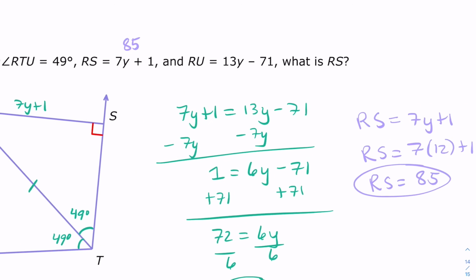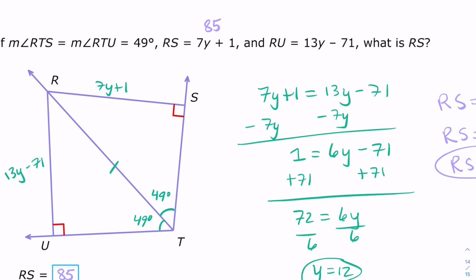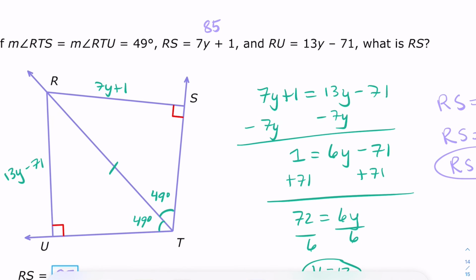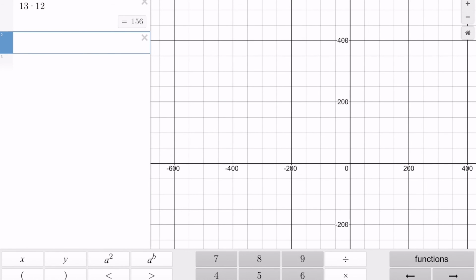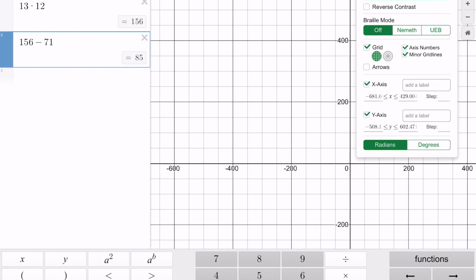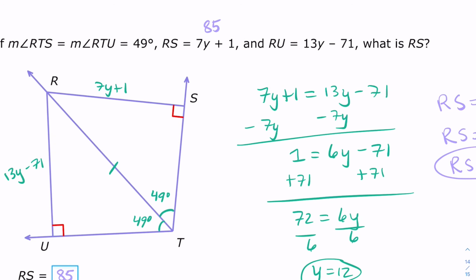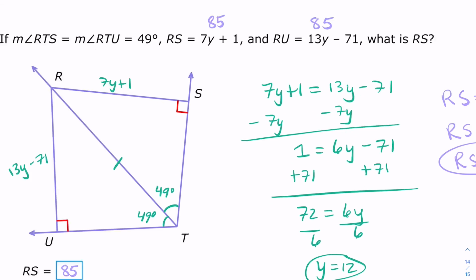Wait a minute. RS is 85. Oh, and then minus 71. Sorry, I messed up. Minus 71. So 156 minus 71 is 85. And that's exactly what I get for this one, 85. So that answer is right.